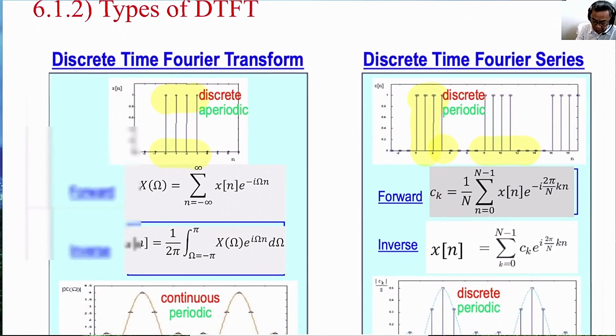Now, you will realize that because of the equations, if we are going to analyze discrete time Fourier series, we'll use this equation. And for discrete time Fourier transform, we'll use this equation. Interestingly, because the signal has only support from 0 to 3, isn't this very similar to here as well?